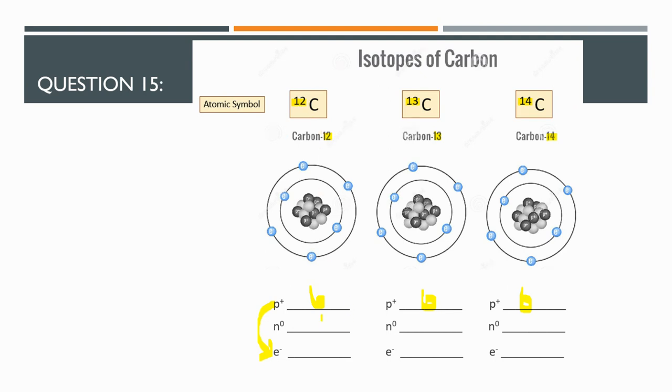So 12 minus 6, 13 minus 6, and 14 minus 6. That's going to give us our answers. So just be sure you know that it's the same material we've already covered, the protons, the neutrons, and the electrons. The only thing with isotopes is that the neutrons can vary from atom to atom.